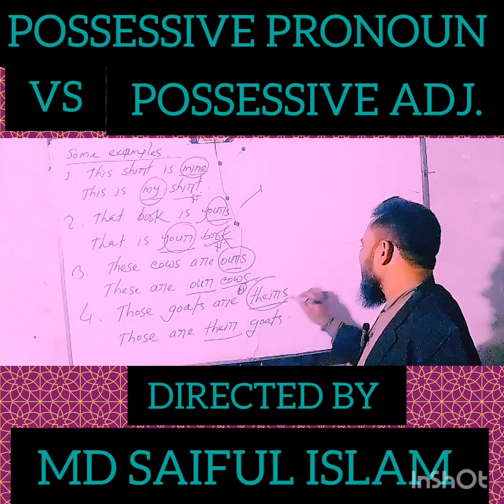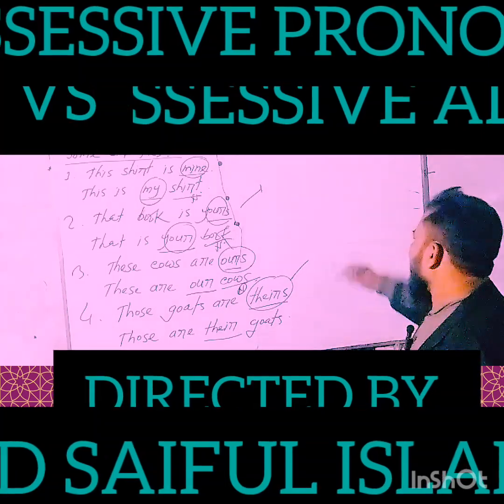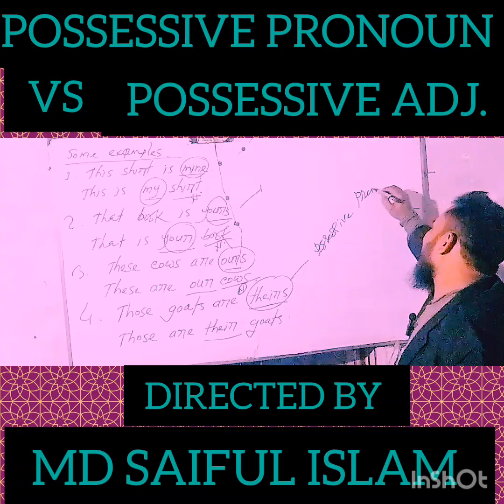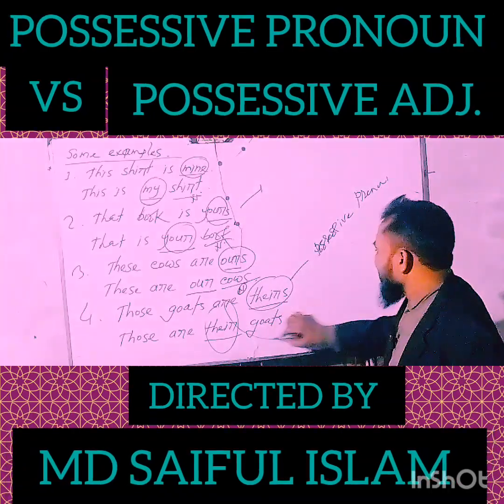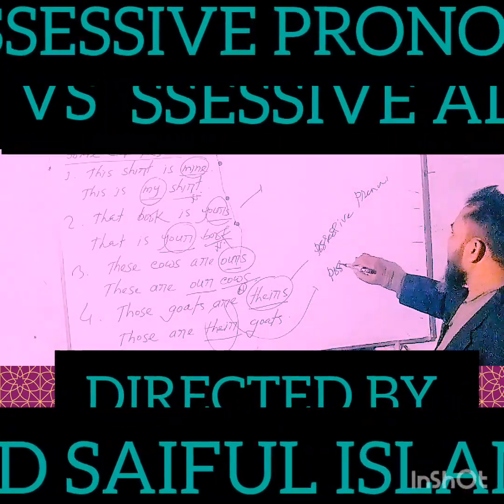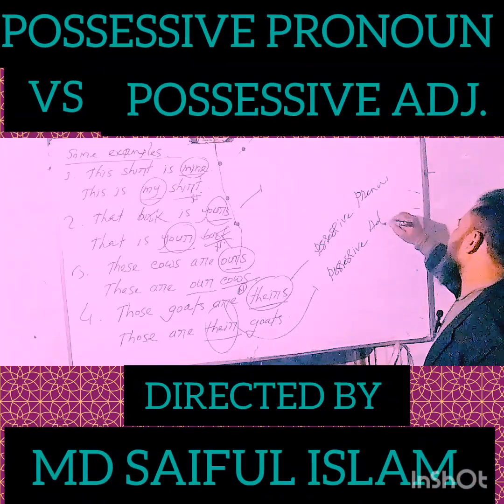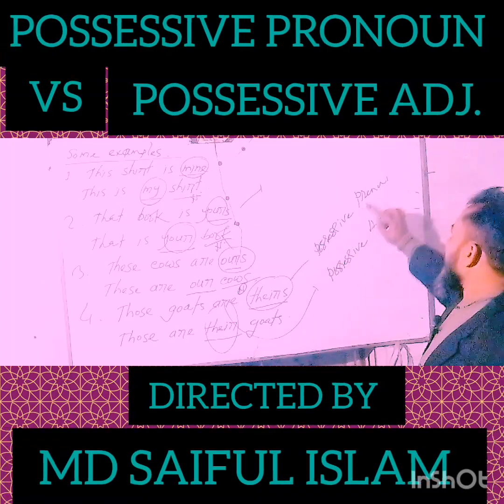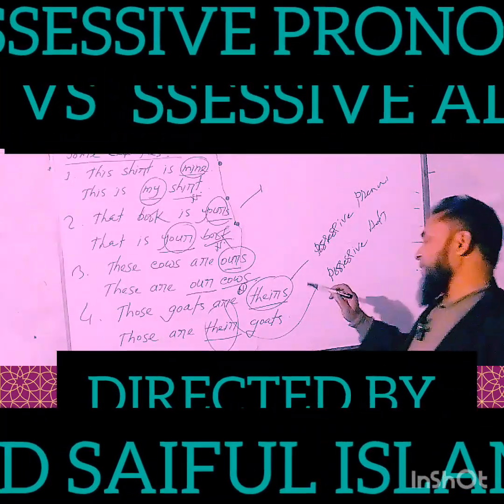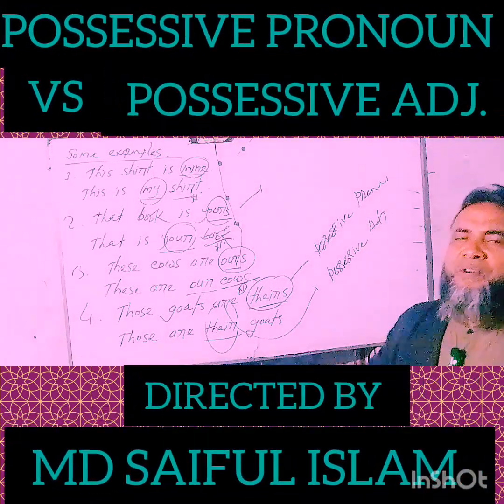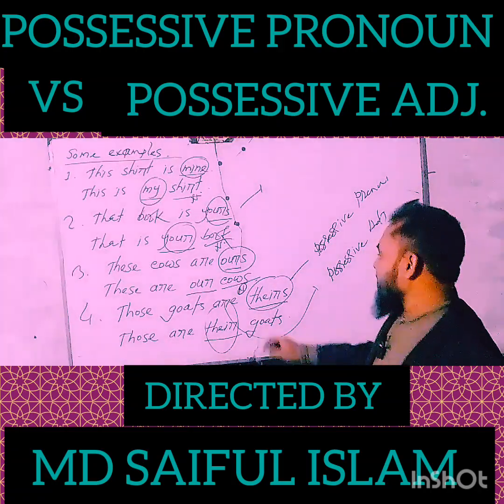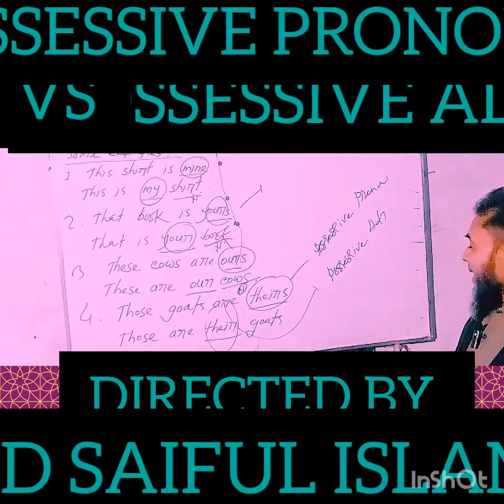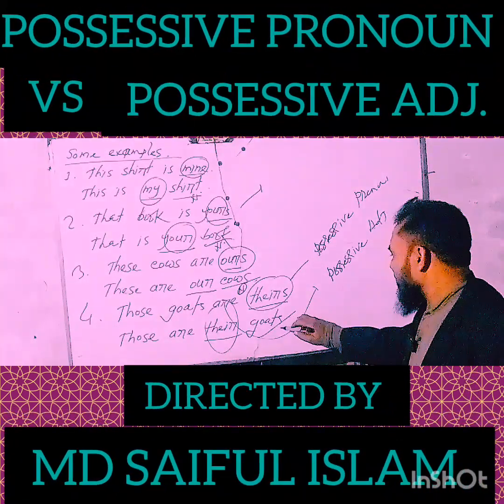I can say that theirs is, of course, a possessive pronoun, because in this sentence theirs indicates the relationship of a thing, but their is a possessive adjective, because their indicates the ownership of a thing as well as modifies a noun.